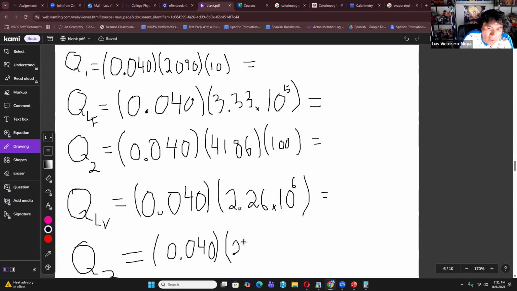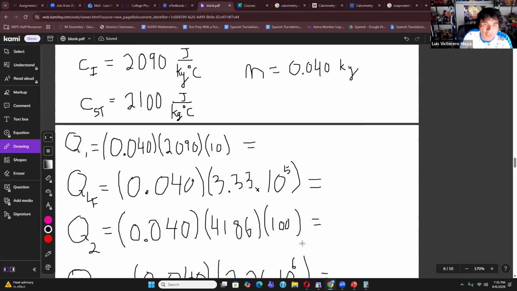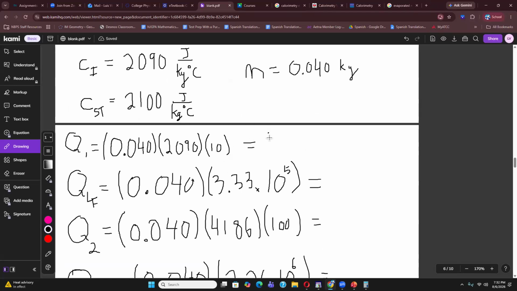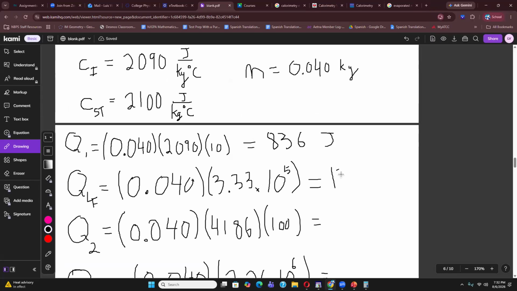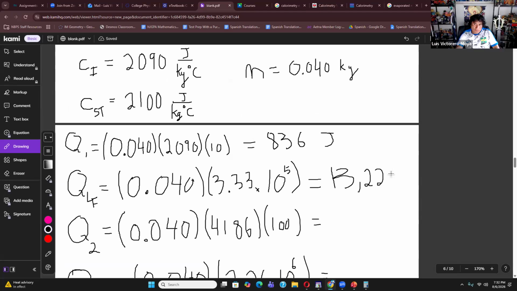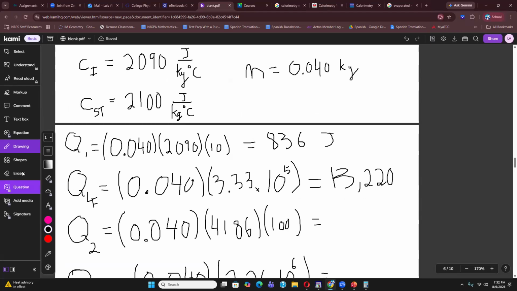All right, guys, let's find all the values. Start with the first one. What was the value of this? 836 joules. What's the value of QLF? 13,320.